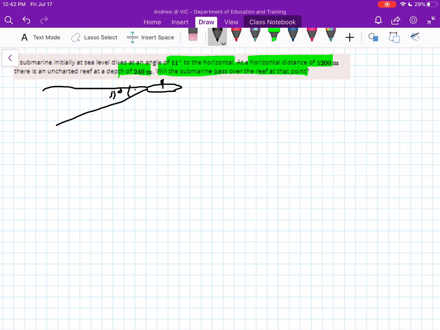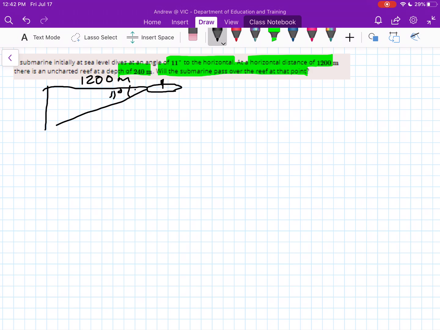Okay? So it's diving at 11 degrees at the horizontal, and the horizontal distance is 1,200 meters. Okay? And now it's asking us, there is an uncharted reef at the depth of 240 meters. Will the submarine pass over the reef at this point?